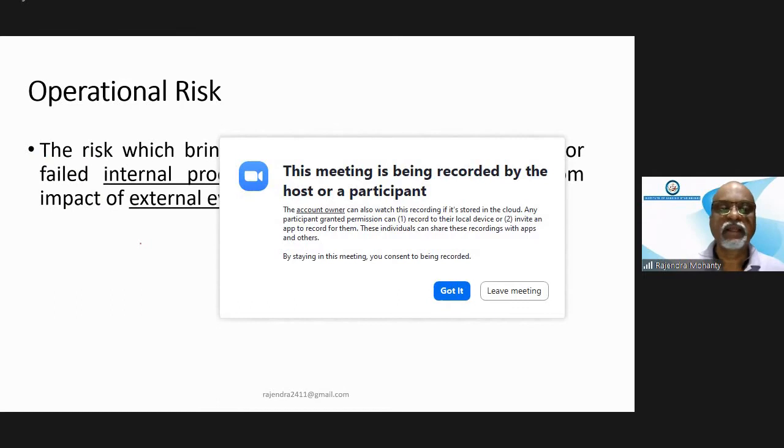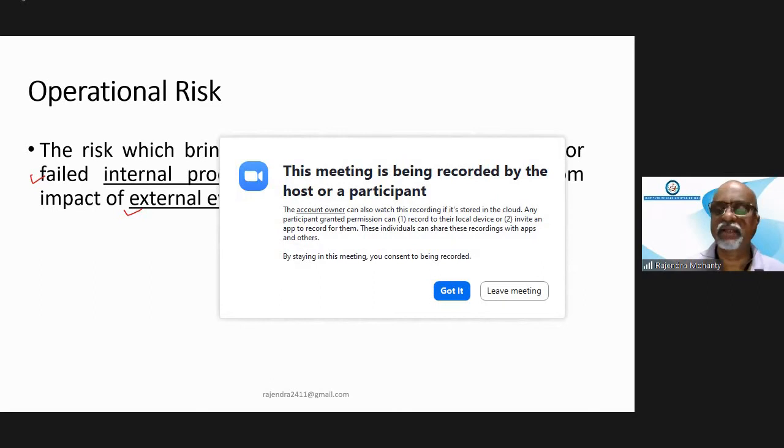Operational risk means that risk which brings in the loss due to these things: failed internal processes, failure due to people processes, failure due to systems, or from the impact of any external events which are not under our control.